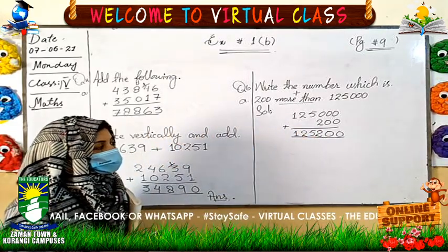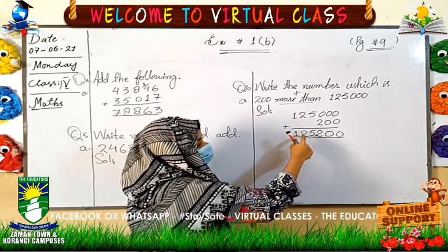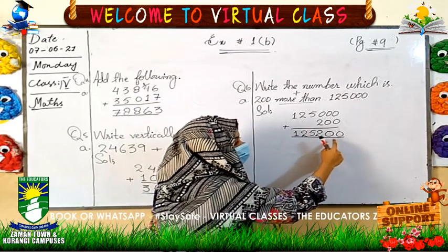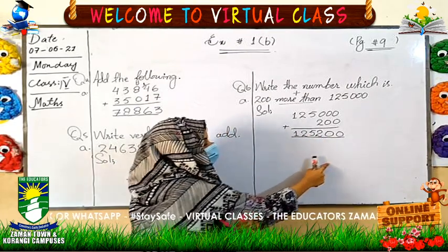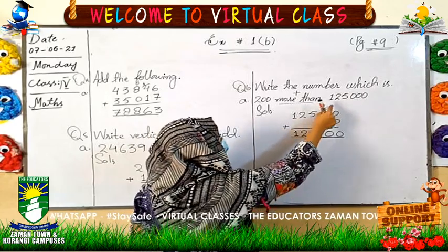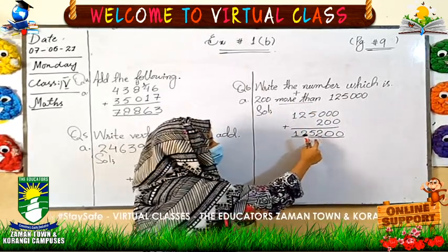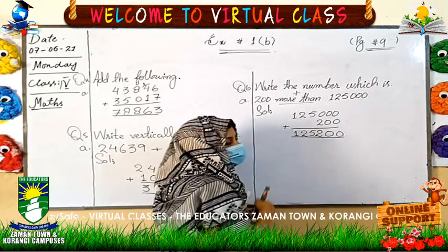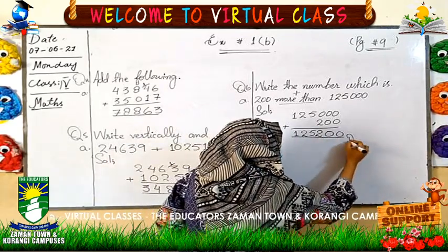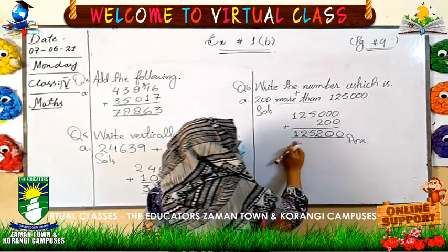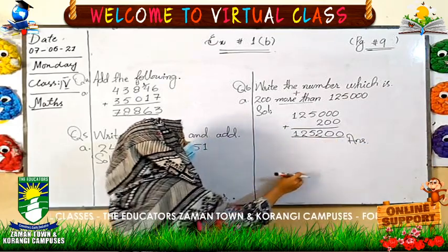So the answer is 1, 2, 5, 2, 0. That is, when we add 200 to this number, it becomes 125,200. Final answer is 1, 2, 5, 2, 0.